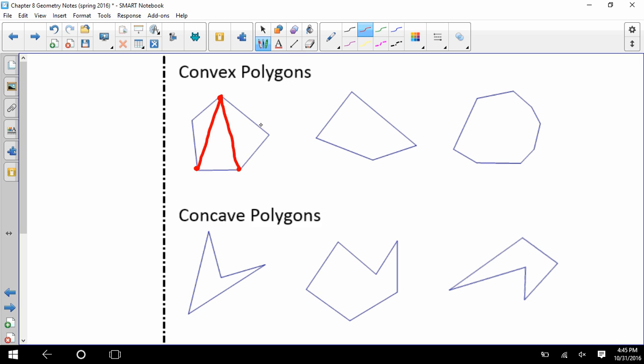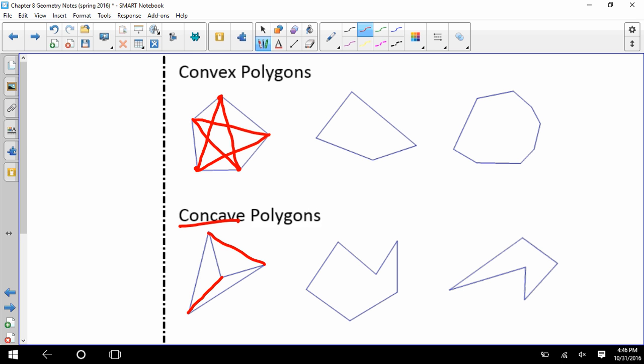But what convex says is that if I draw in all of the diagonals that are possible to draw, and all of them are inside the polygon, then it's a convex polygon. Here, if I draw in all the diagonals, so I can draw from there to there, attach there and there, these are not attached. If I draw in all of the possible diagonals here, at least one of them falls outside of the polygon.